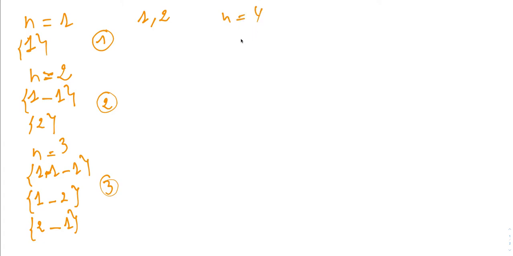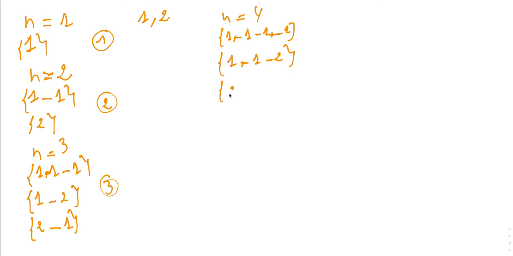For n equals 4, we can take ones all the way to the top, or we could take ones at the beginning, then two steps.